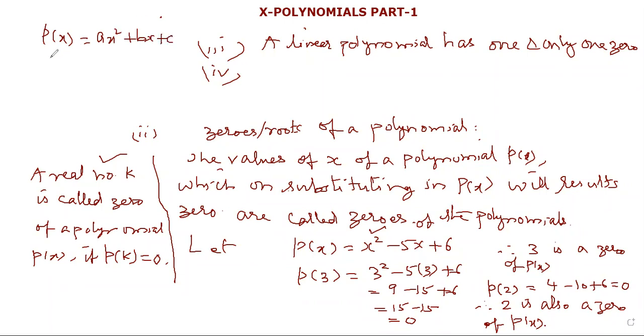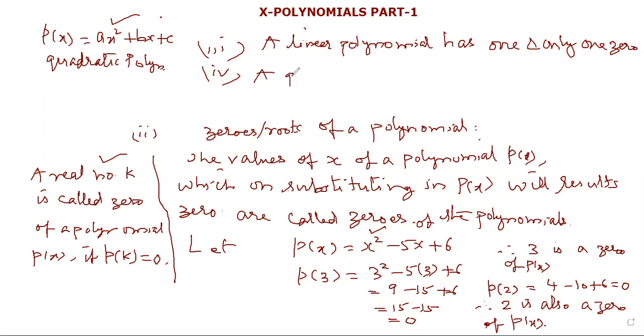So it has degree 2, and it is called a quadratic polynomial. A quadratic polynomial has at most 2 zeros.